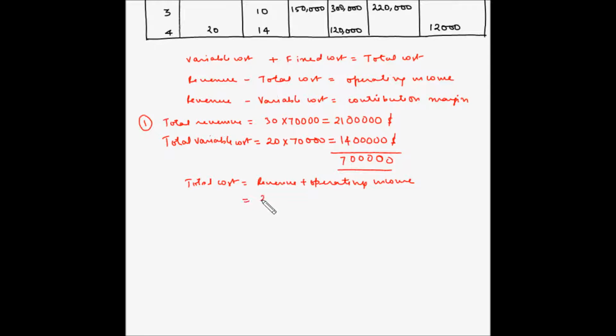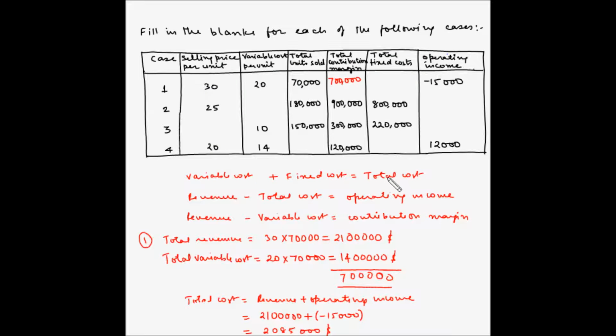So this is equal to 2,100,000 plus the operating income, which is minus 15,000. So minus 15,000. So this is equal to 2,085,000 dollars. So now we have the total cost here and we know the variable cost.